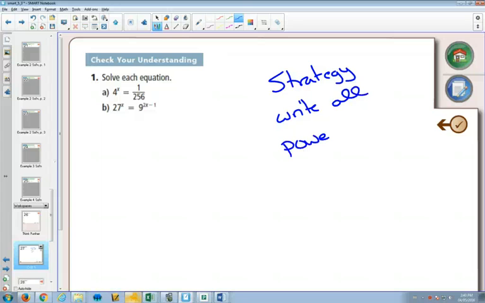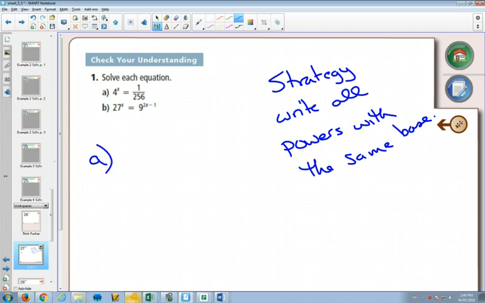We're going to write all the powers with the same base. So you go to your powers chart and look, is there any column that has both 4 and 256?